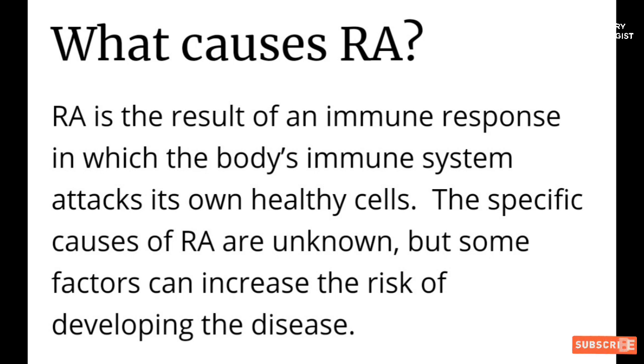The specific cause of RA is still unknown, but some genetic or environmental factors can increase the risk of developing this disease. So the major cause is only the result of an immune response in which the body's immune system attacks its own healthy cells.